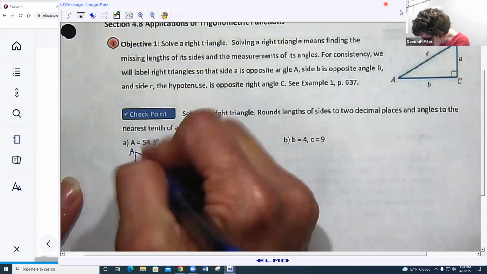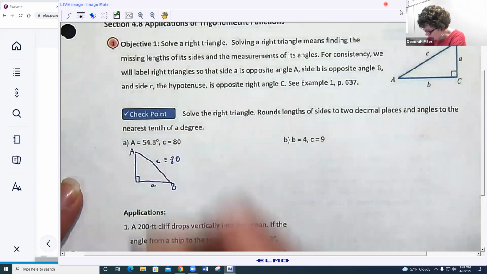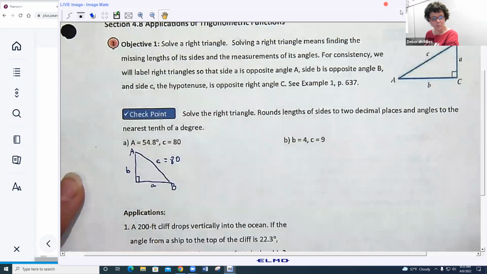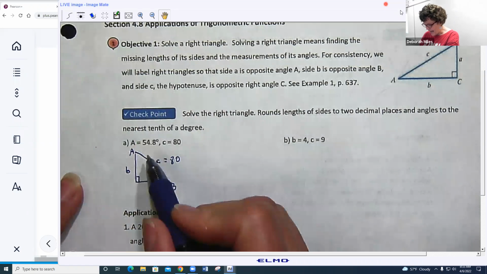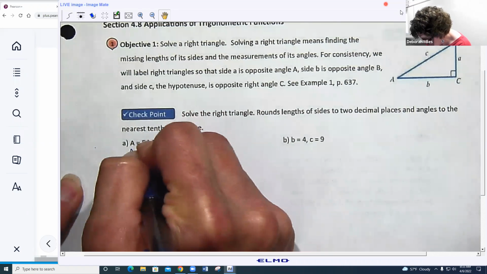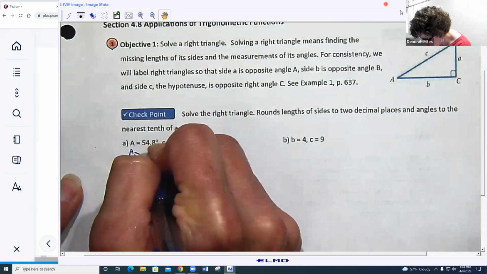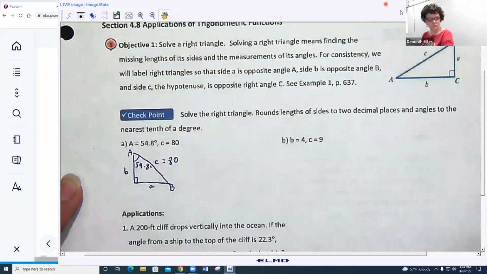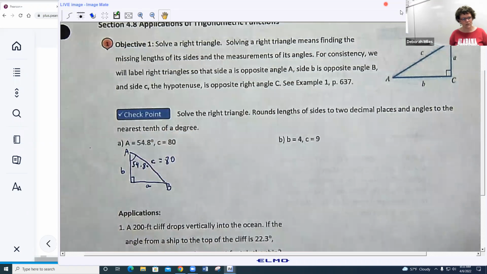Little a would be opposite angle A, little b would be opposite angle B. And we're given that A is 54.8 degrees. We need to find angle B and sides a and b.